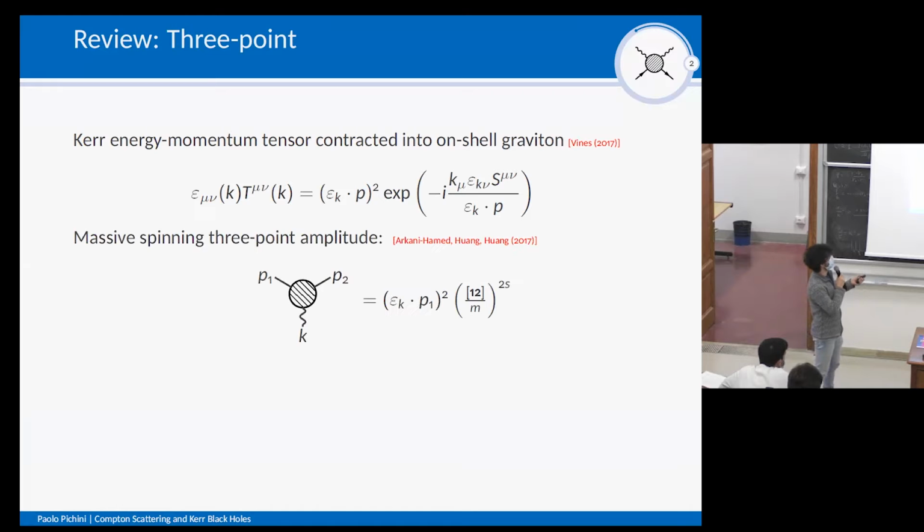Around the same year, a paper came out by Nimar Ahmed, Huang and Huang that presented particularly nice looking amplitudes between two massive higher spin states and a graviton within the so-called massive spinor-helicity formalism, which is essentially given by these brackets that you should think of as spinor products between definite chirality Weyl spinors.